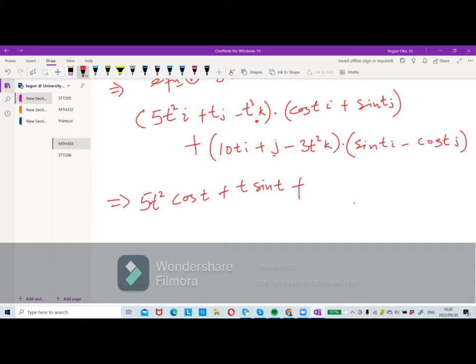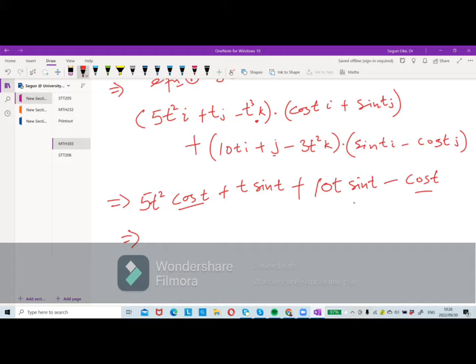Plus 10t sine t minus cos t. Then k multiplied by k is also 0. So we have sine t, cos t, and you can agree with me that cos t is common here.